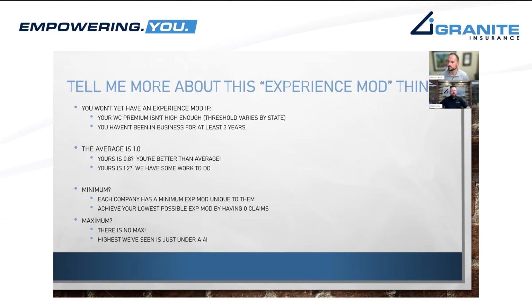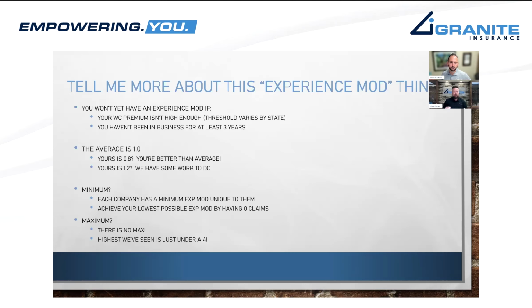So minimum and maximum, remember, the experience mod is a scorecard, and it is measuring the delta between actual losses and expected losses. The larger that delta, the more effect it has on the experience mod. So a minimum mod would be if a company had 0 losses, and comparing that to their expected losses, if that delta is bigger, so their expected losses were $50,000, but they had 0 losses, then they may have a 0.9.